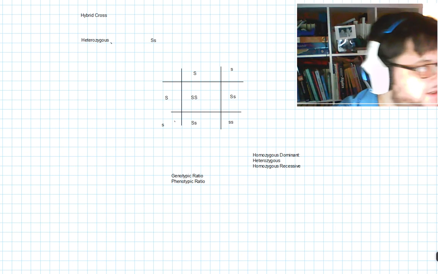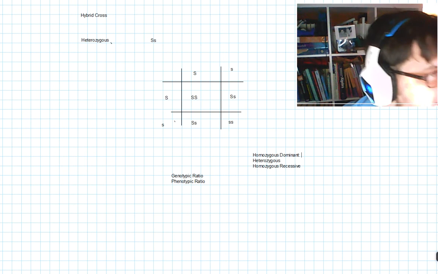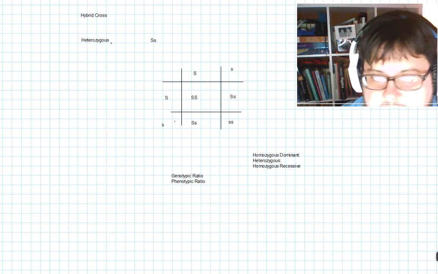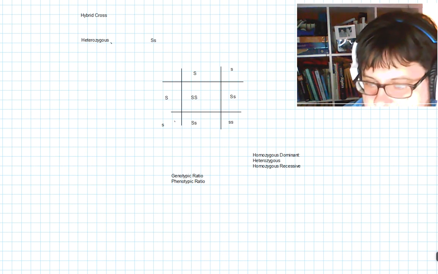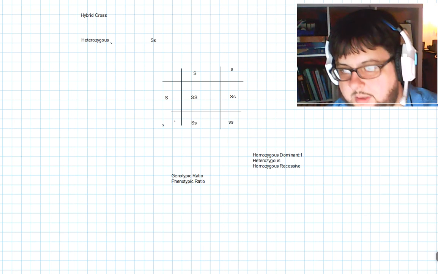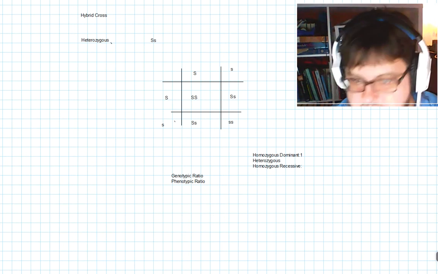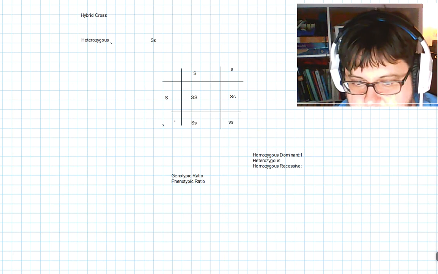So for the homozygous dominant, we're looking for any individuals that have both S's. This one right here with two capital S's is a homozygous dominant. So we want to go ahead and put that in here as 1. Homozygous recessive is the opposite. It is two small ones, which we have one of right here. So let's go ahead and put that in there.